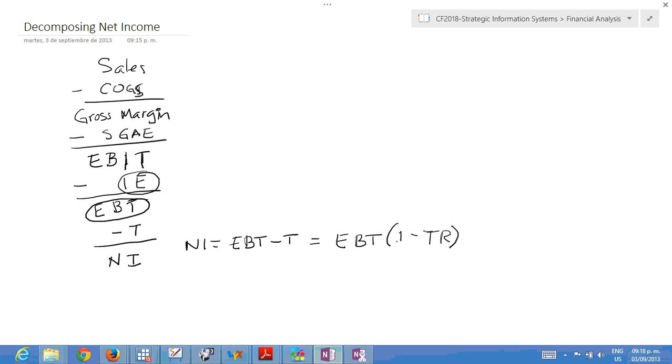For example, let's put numbers here. Very simple. Imagine that this is in thousands, so it's 1 million pesos of sales in, imagine, 1 month.